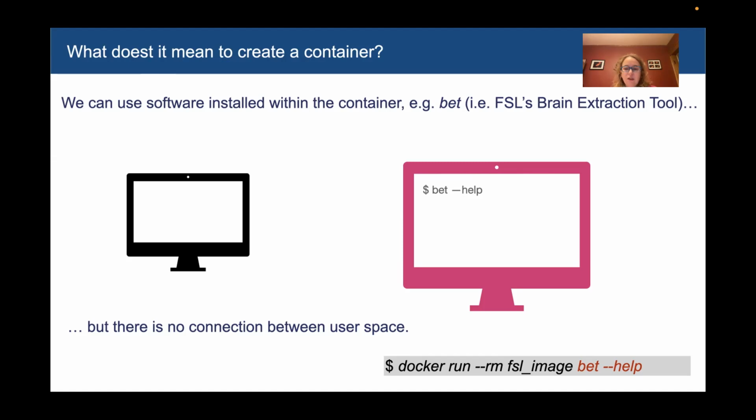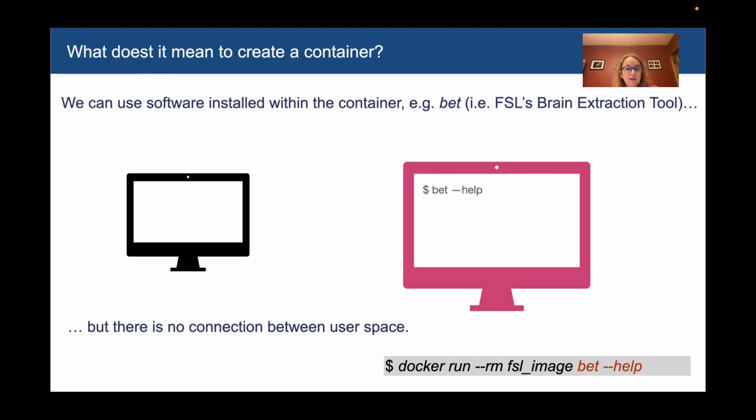One of the simplest commands is bet. If you have the container, you can run every single command you would run normally on your laptop with FSL installed. So you can run bet help, and you should be able to get the full help.